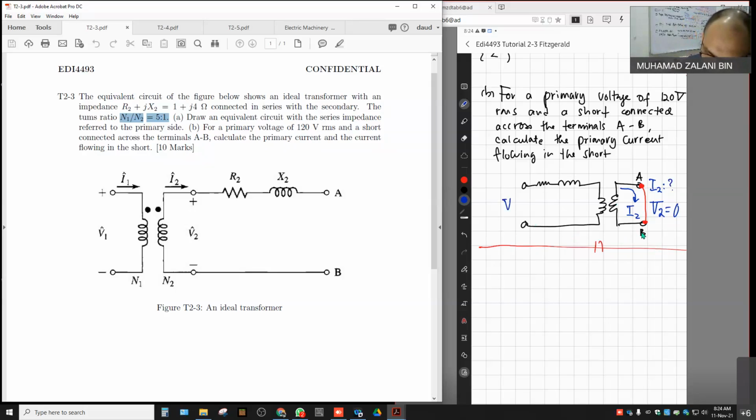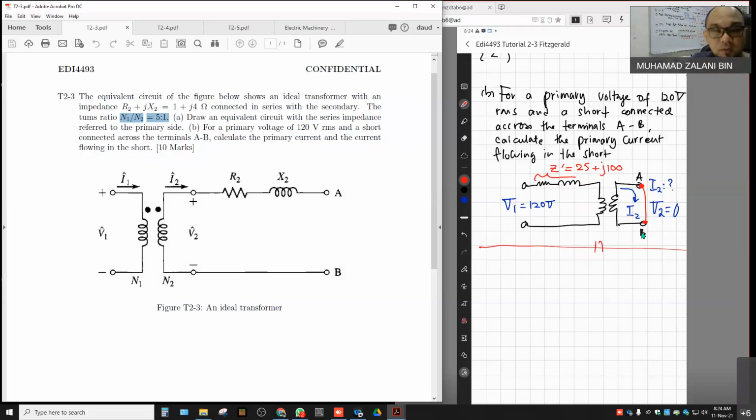Given in the question also V1 is 120 volt RMS. And the impedance is the Z prime from before. Saya masukkan teruslah value dia, 25 plus j 100. So all of those information are given in the question.